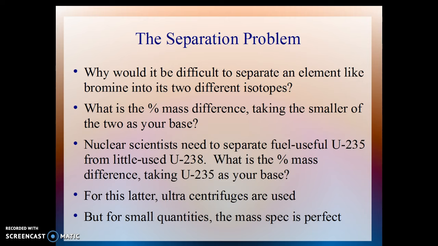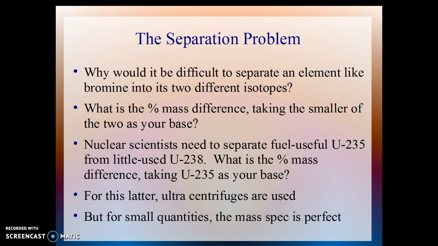Nuclear scientists need to separate the useful U-235 uranium from the U-238, which is only useful really to make bullets. The percent mass difference of 3 over 235 is just a little over 1%.